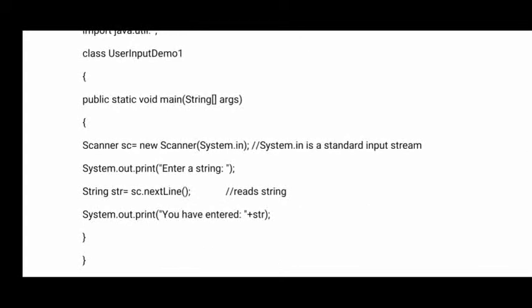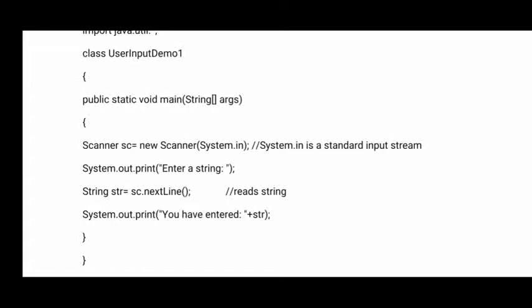Next, based on the value you are taking from a user, you call one of the methods of the Scanner class. If you are collecting an integer, we use nextInt. If you are collecting a float, we use nextFloat. And if you are collecting input data as a string from a user, then we use the nextLine method. So depending on the data you are collecting, you call that particular method and store the value in a variable.